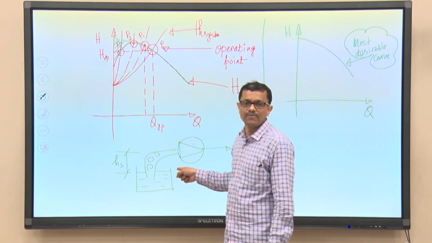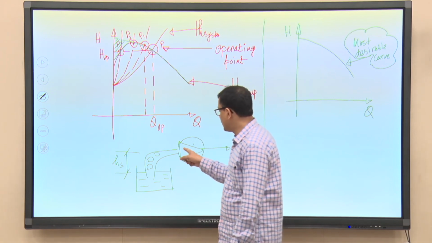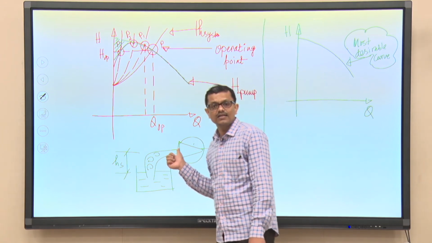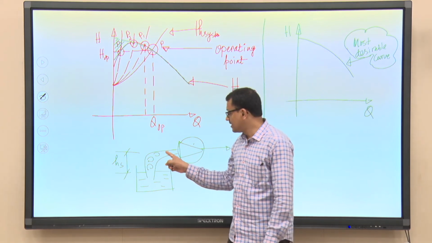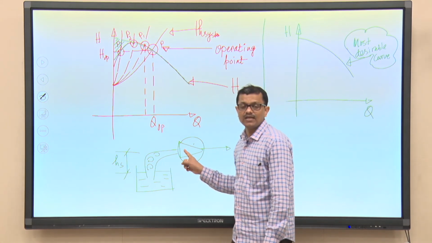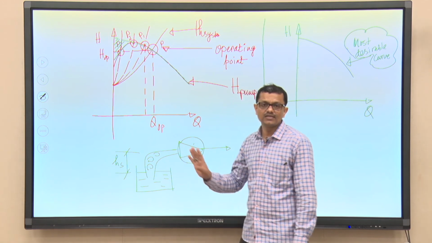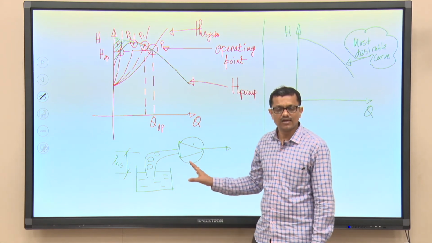Energy will be added to the fluid when the fluid reaches the inlet to the impeller. Until the fluid reaches the inlet of the impeller, inlet to the pump, there is no energy addition that we can see.